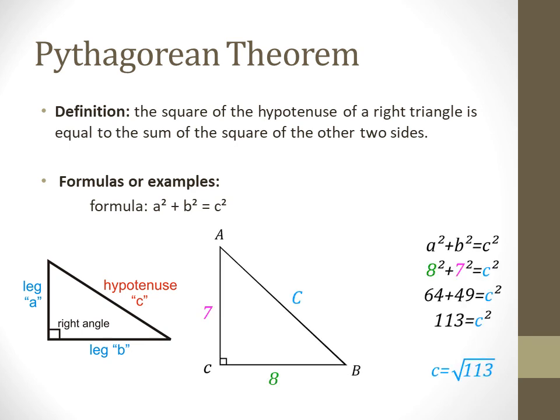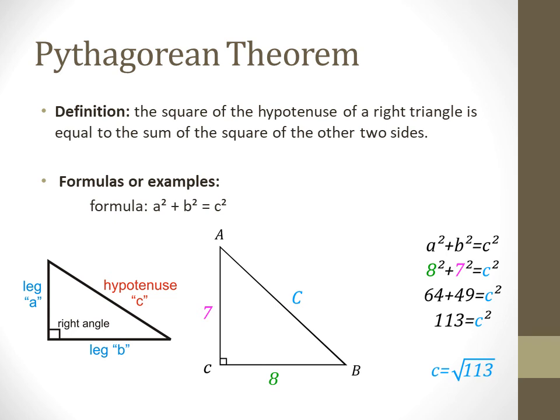And here, as an example, we're given a right triangle with sides measuring 7 and 8, and then we don't know c. All right, the hypotenuse c. So we're going to plug these into the formula. All right, so you see we've got a squared plus b squared equals c squared. We're going to put the two legs we know in there. 8 squared plus 7 squared equals c squared. Right. We will square those numbers.